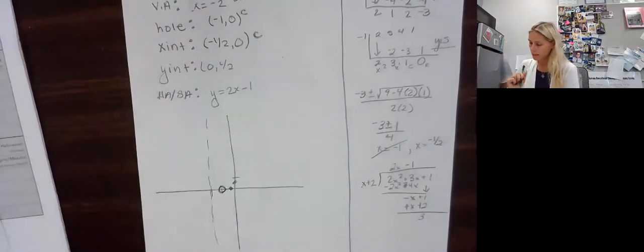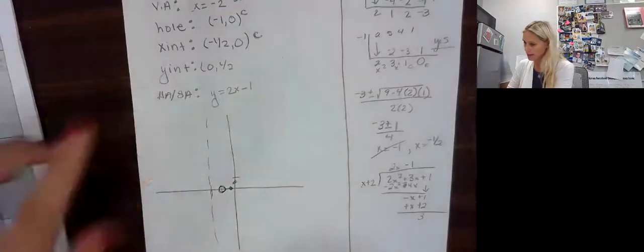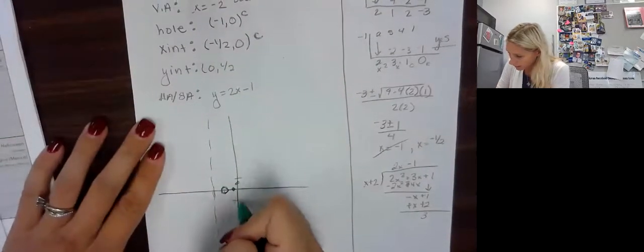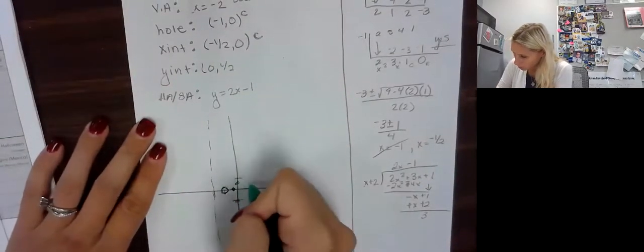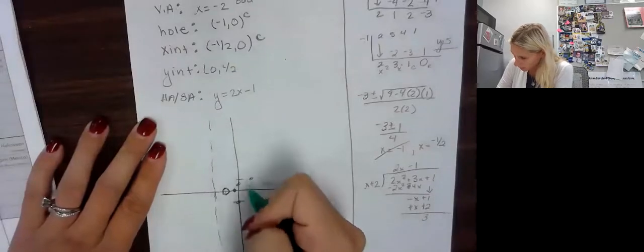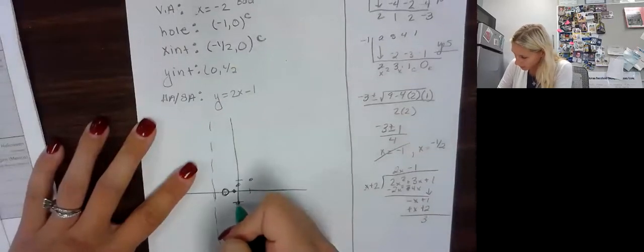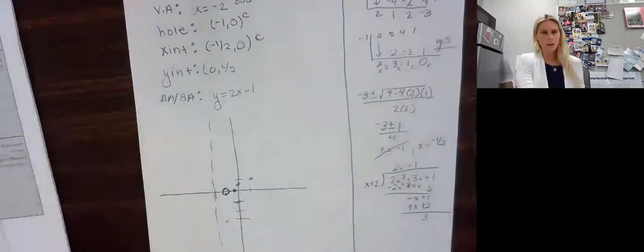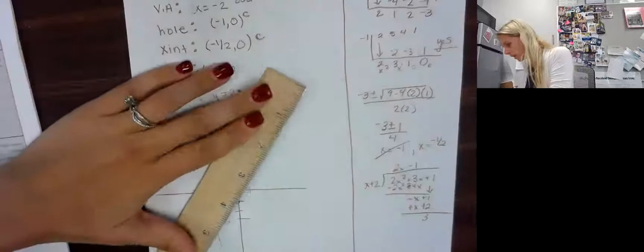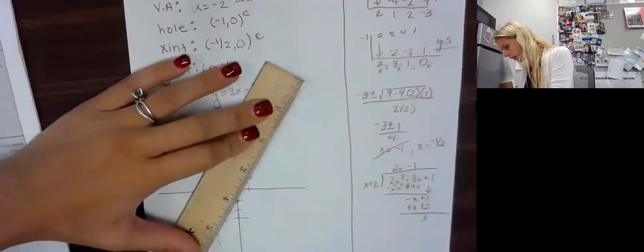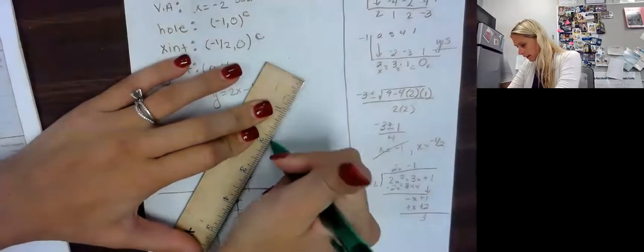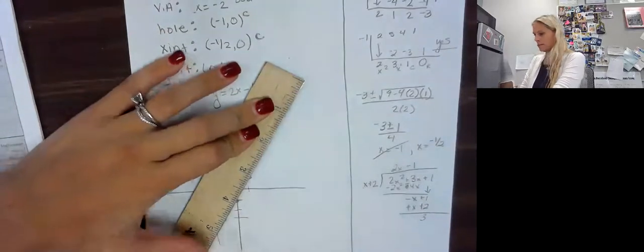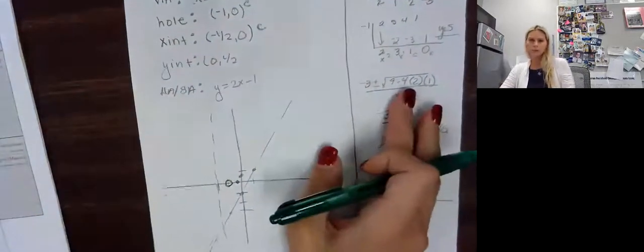And we have a slanted asymptote where the y-intercept is negative 1, and we go up 2 over 1. I'm going to do the same thing, so down 2 over 1. Okay, and there are 2.